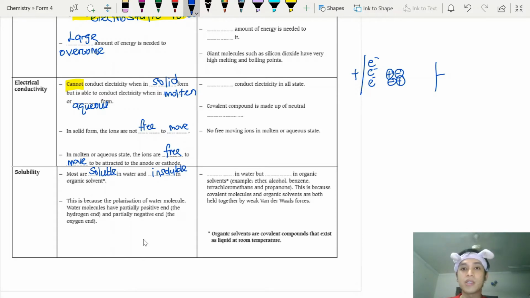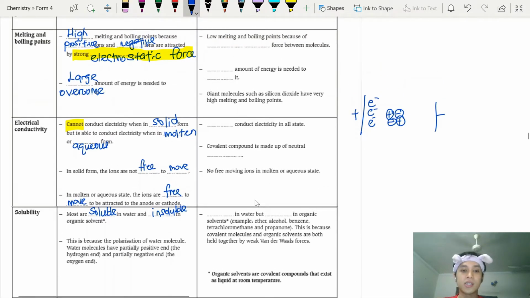For example, ethanol, your disinfectant, the one you spray on your hands every day to disinfect. Ethanol is an example of a covalent compound, not organic. But they exist as liquid, so we call them organic solvents. So that is the important point about your ionic compound.